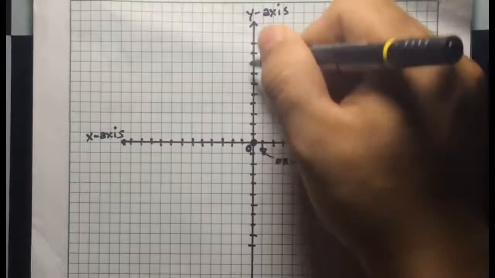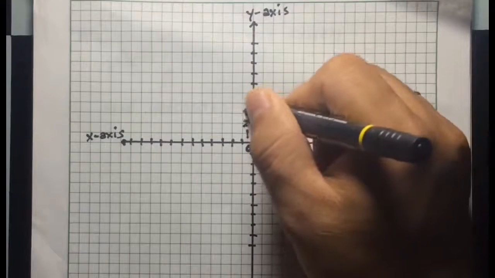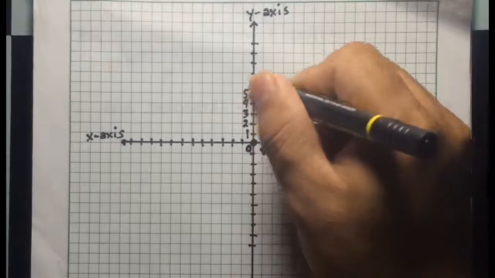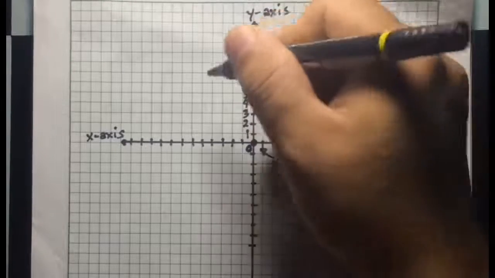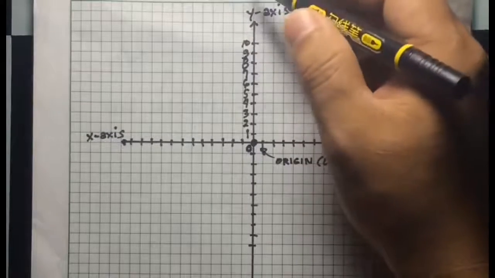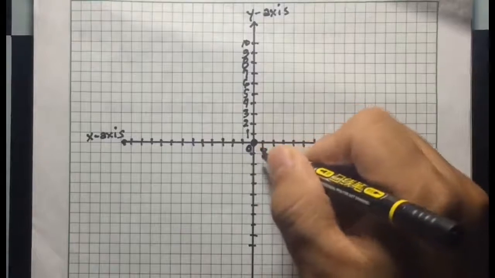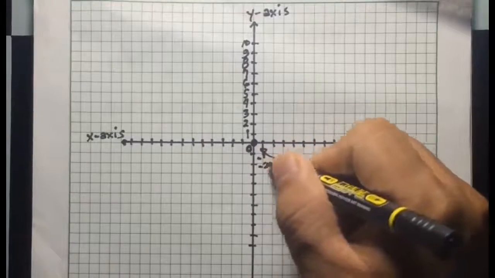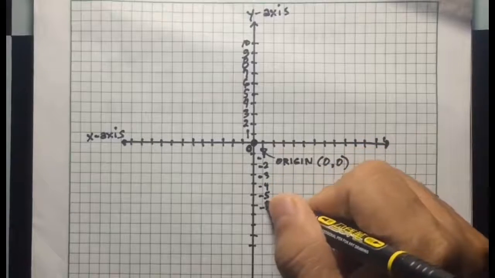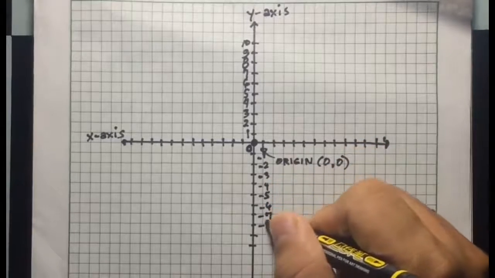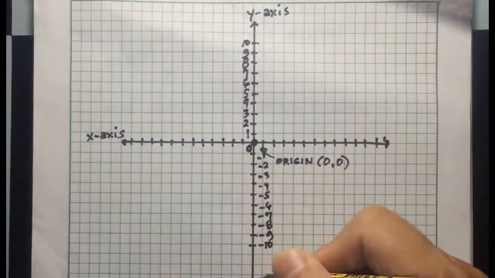Then the upper numbers here on the y-axis will be 1, then 2, 3, 4, 5, 6, 7, 8, 9, 10, up to positive infinity. Then below will be negative 1, negative 2, negative 3, up to negative 10, down to negative infinity.